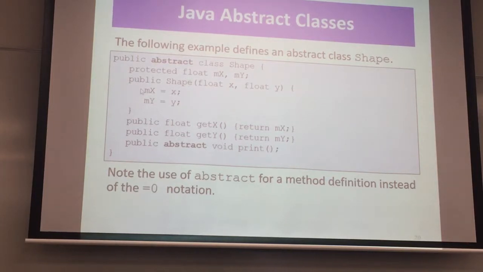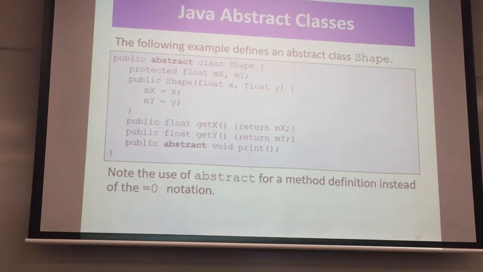So, what happens, for example, for the Object class, which has a lot of basic things like clone? It's abstract.